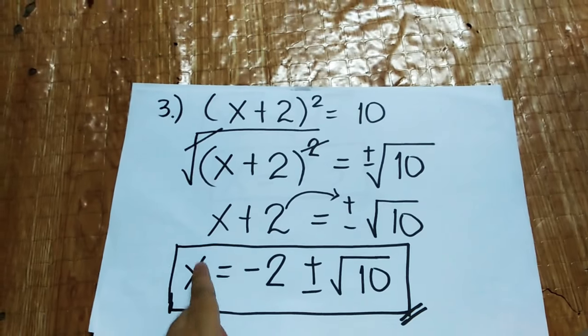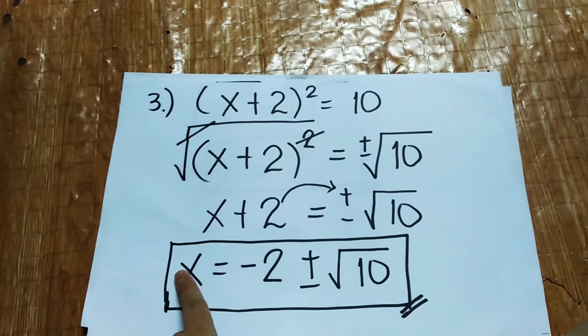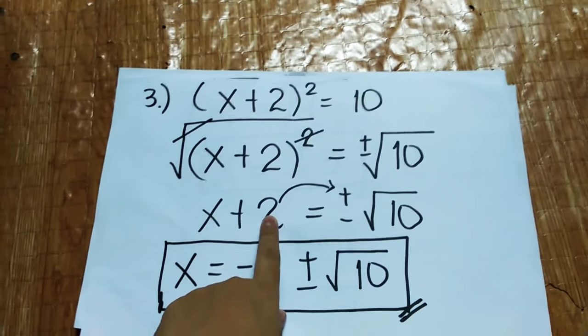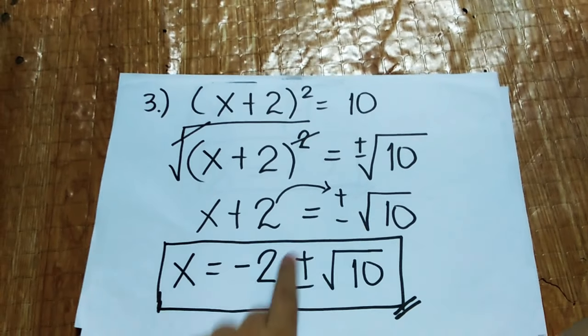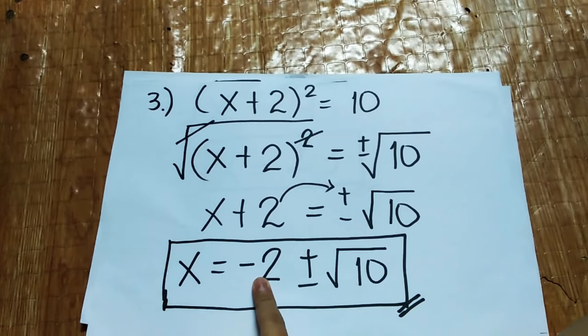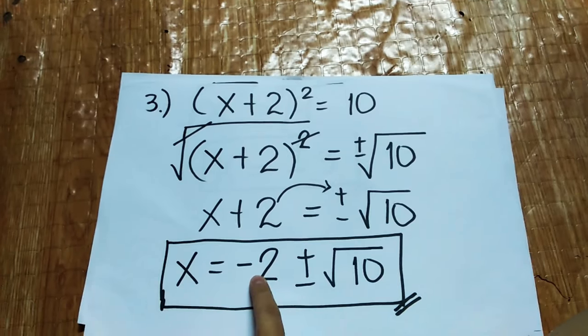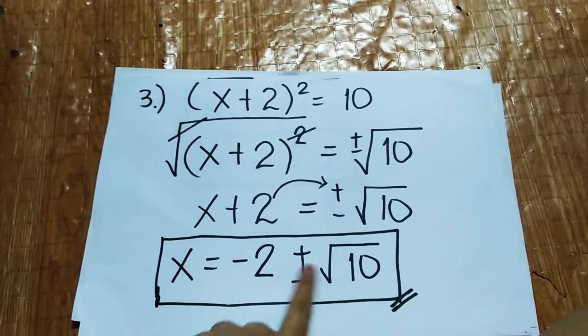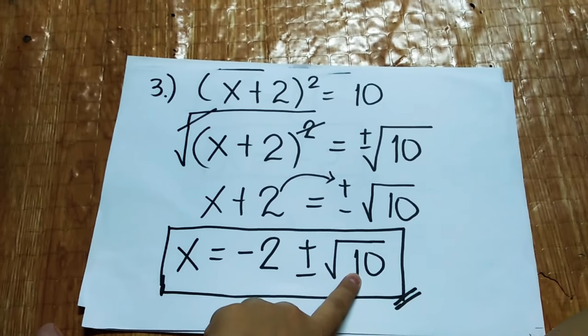And then, ang sabi ko nga sa inyo, kailangan x lang ang iwan dito. Kasi hinahanap nga natin yung x. So, ilipat natin si positive 2 sa kabilang side. At dahil lumipat siya sa kabilang side, magiging negative 2 na siya. Okay, negative 2. Ngayon, dahil hindi na natin masisimplify pa si 10, so just put it there na lang, 10.